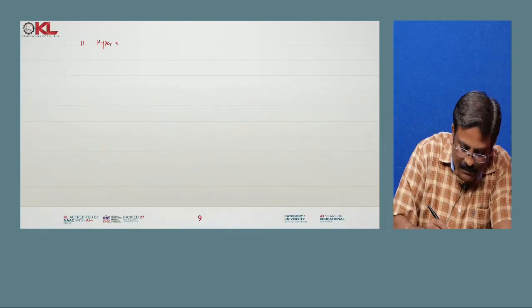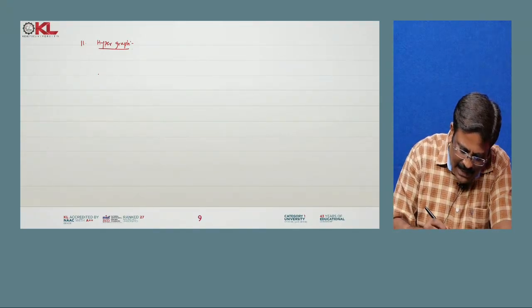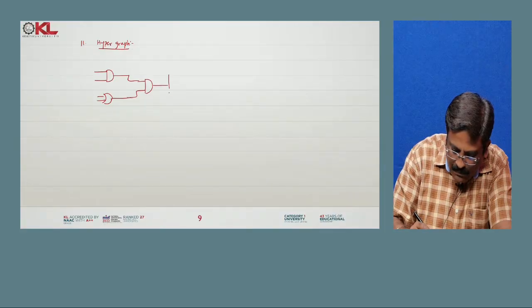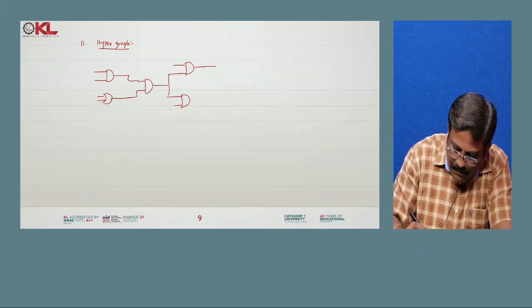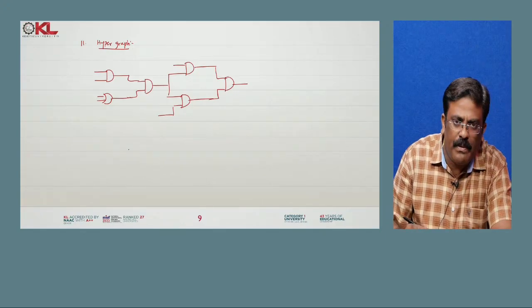And finally, the final category of graph, the 11th one, is the hypergraph. For example, let's take any circuit, one example circuit.